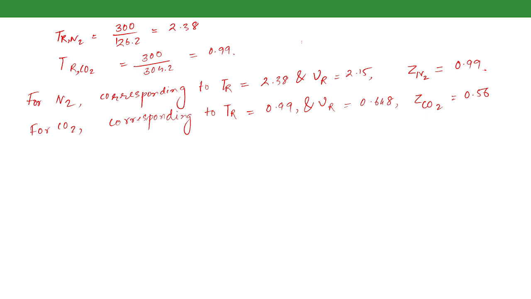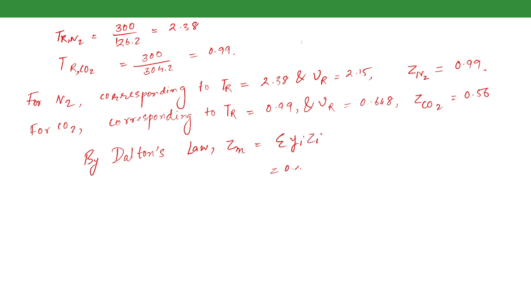So now by Dalton's law, just like Amagat's law, the compressibility of the mixture will be the sum of the product of the mole fraction and the individual compressibility values. So by Dalton's law, the compressibility of the mixture is this summation of y_i z_i.